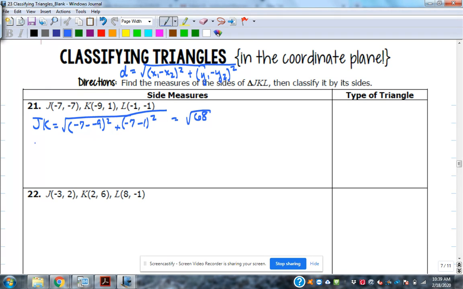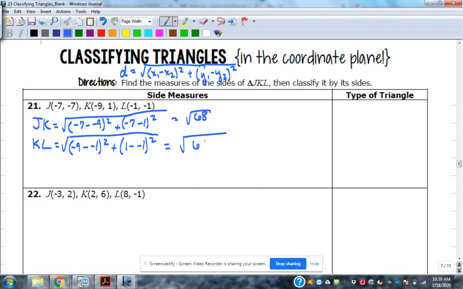And then I'm going to do from K to L. So -9 minus -1 squared plus 1 minus -1 squared. So that'd be -8 squared, 64, and +2 squared is 4.